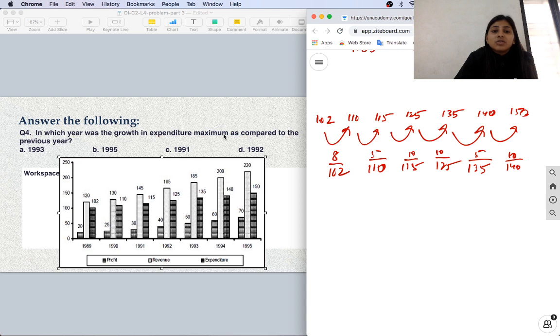In which year was growth maximum? Okay, we need the maximum now. So out of all the numerators, where the numerator is 10, this is the smallest, so the others can't be the answer. And out of 5, this is the smallest, this can't be the answer. Now out of these two, this is greater, this is smallest, cancel it. And out of these two also, which is the answer?